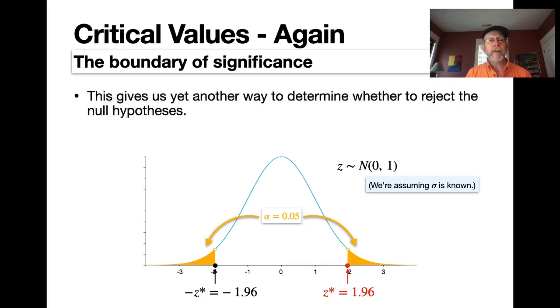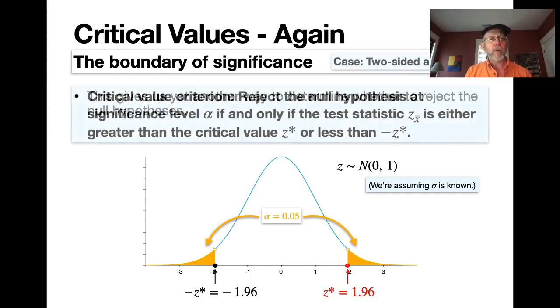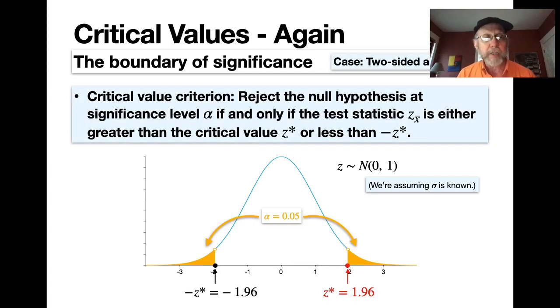So this gives us yet another way to determine whether to reject the null hypothesis or not. It's called the critical value criterion. We reject the null hypothesis at significance level alpha if and only if the test statistic is either greater than the critical value z-star or less than the negative critical value negative z-star.